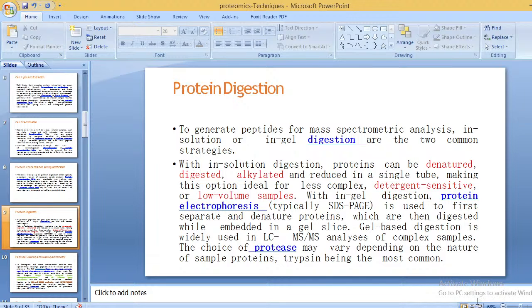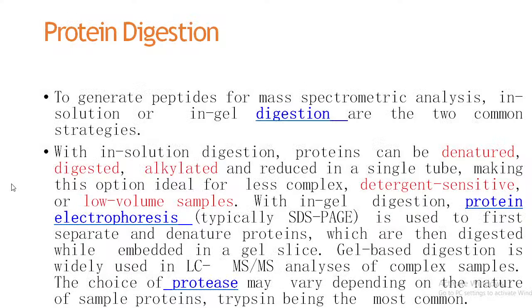With in gel digestion, protein electrophoresis, typically SDS page, is used to first separate and denature proteins, which are then digested while embedded in a gel slice. Gel based digestion is widely used in LC-MS/MS analysis of complex samples. The choice of protease may vary depending on the nature of sample proteins, trypsin being the most common.